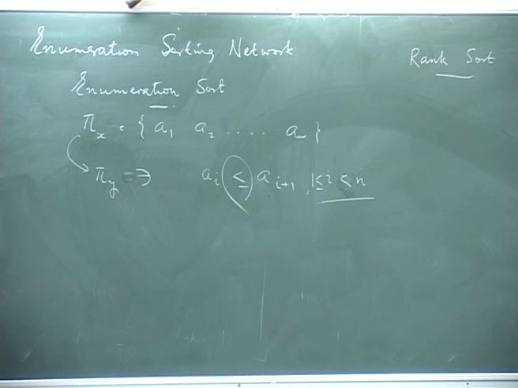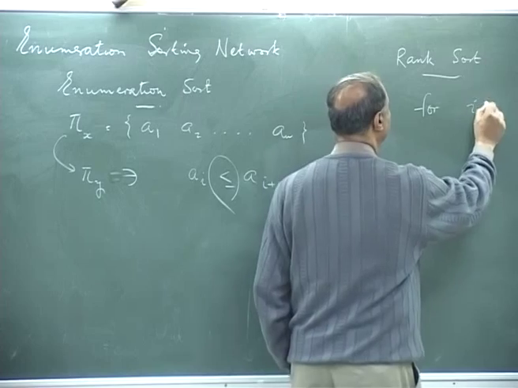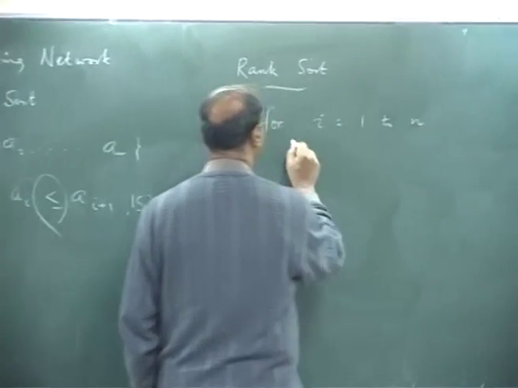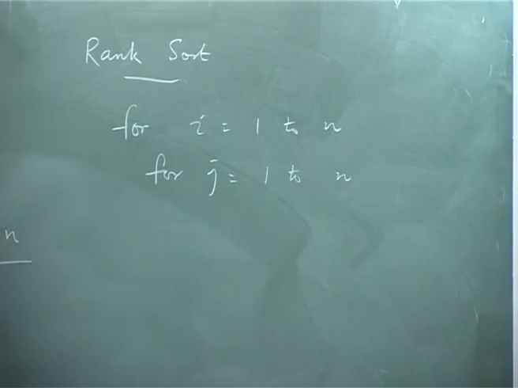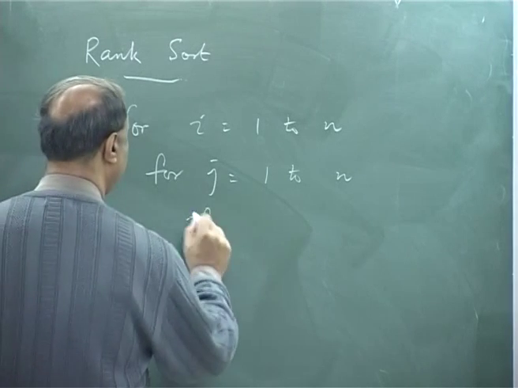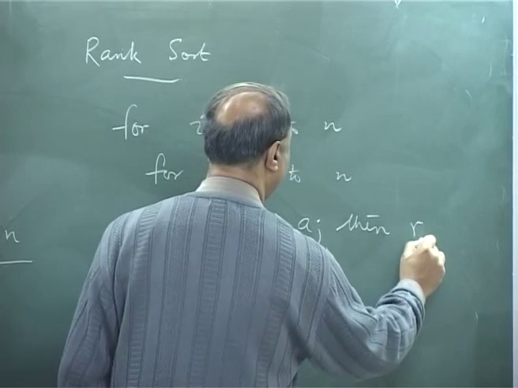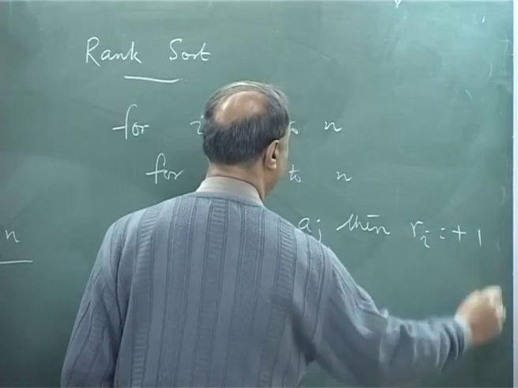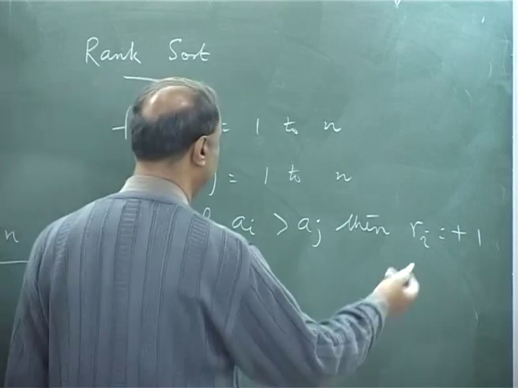Then you move the data to its ranked position. So for i equals 1 to n, for j equals 1 to n, if Ai is greater than Aj, then rank i is increased by 1. Else, the rank stays as it is.